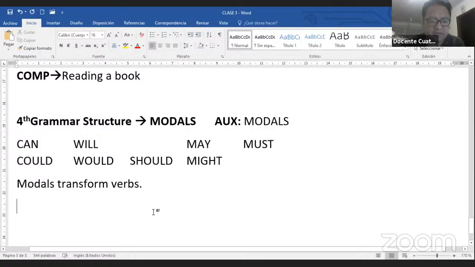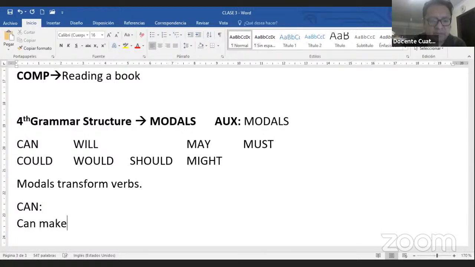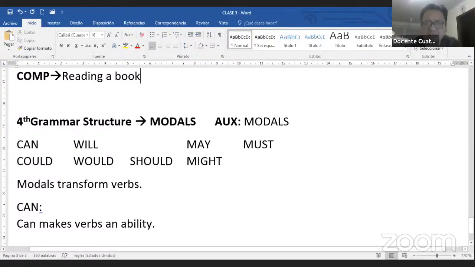For example, let's work with can. What does can do? Can makes verbs an ability. So when you have can next to a verb, that means that the verb is an ability. An ability for whom? For the subject.